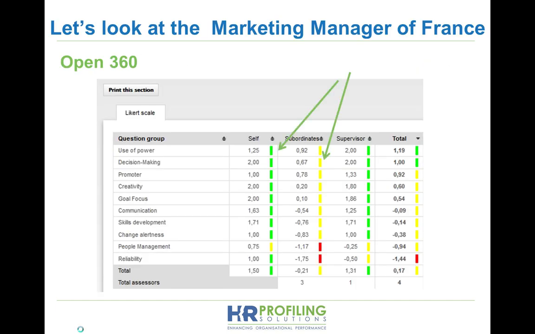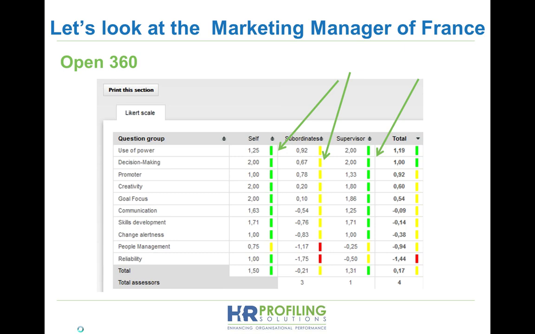So again here, Safi, we're having a look at the Open 360 displayed as a table format. You can use either graphs or tables. This is the table format. And what can you tell us about how this works? It also works in the traffic light system. It does work on the traffic light system, and what we're looking at on the screen is questions by group.